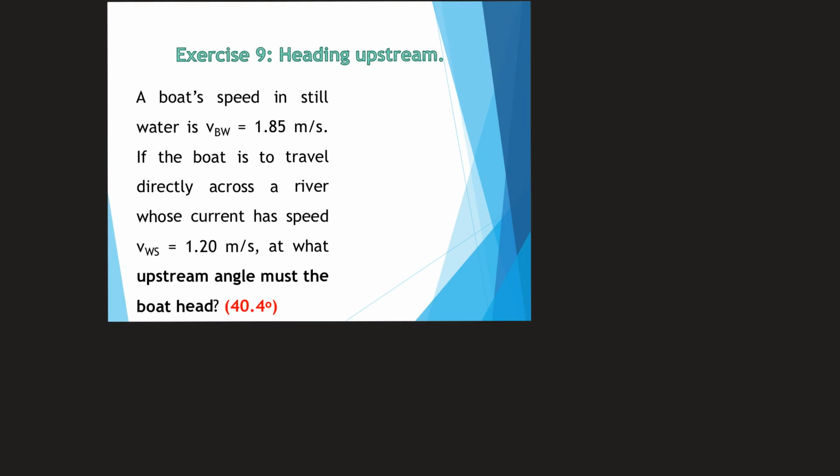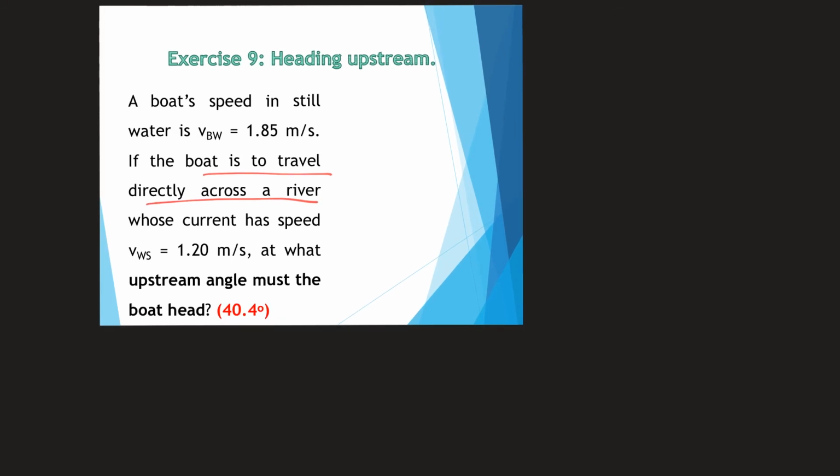Here you have a boat speed in still water, which is VBW, 1.85 meters per second. If the boat is to travel directly across a river whose current has a given speed, at what upstream angle must the boat be headed? When you see the word upstream, it means the boat takes some action because there is a river current that, for example, is moving towards the east.